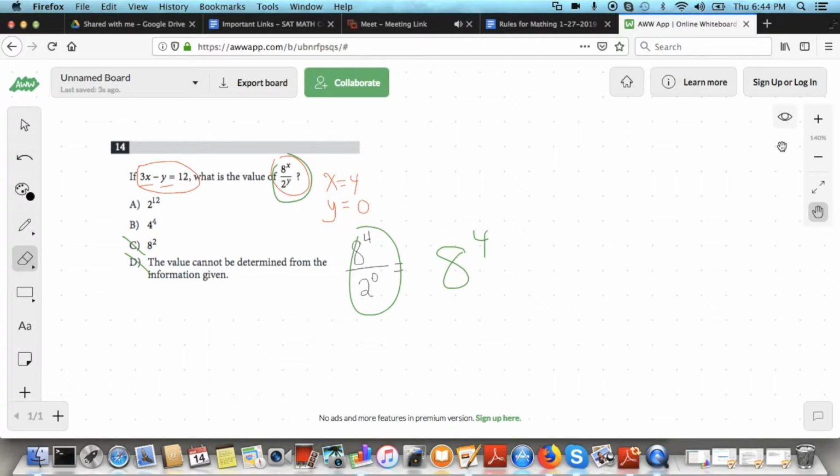Possibly. We don't know for sure. Okay, we're going to talk about it in just a minute. But I know without a doubt that 8 to the power of 4 does not equal 8 to the power of 2. No question about that, right? Because 8 to the power of 2 is 64, right? 8 times 8. And 8 times 8 just doesn't equal 8 times 8 times 8 times 8. There's no way. Does that make sense? Yes. Questions? Are we good? Good. C is gone. Okay. What about answer choice B?